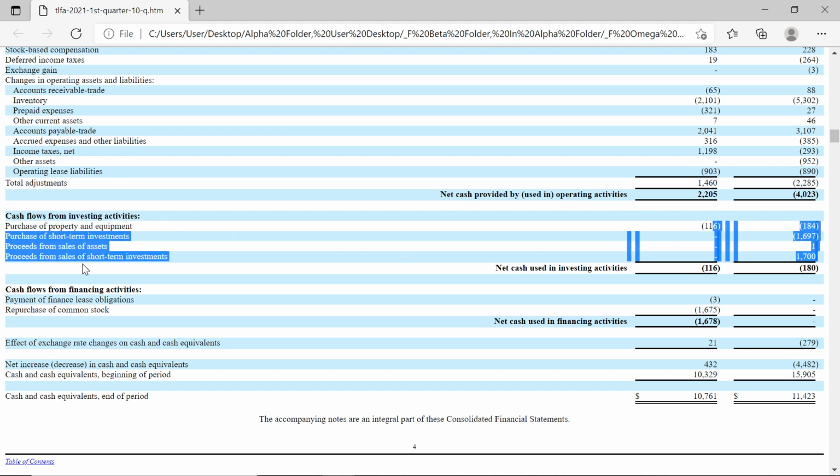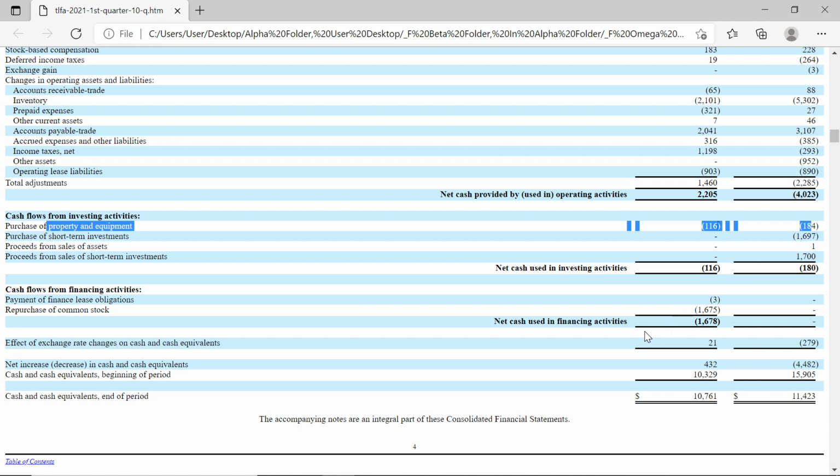Now here's cash flows from investing activities. So this is where some expenses end up popping up. Purchase of property and equipment. That's the main line in this case. Now, since this company doesn't operate a factory, that's a good thing because they don't have to invest capital back into the business as much as a factory or manufacturer does.